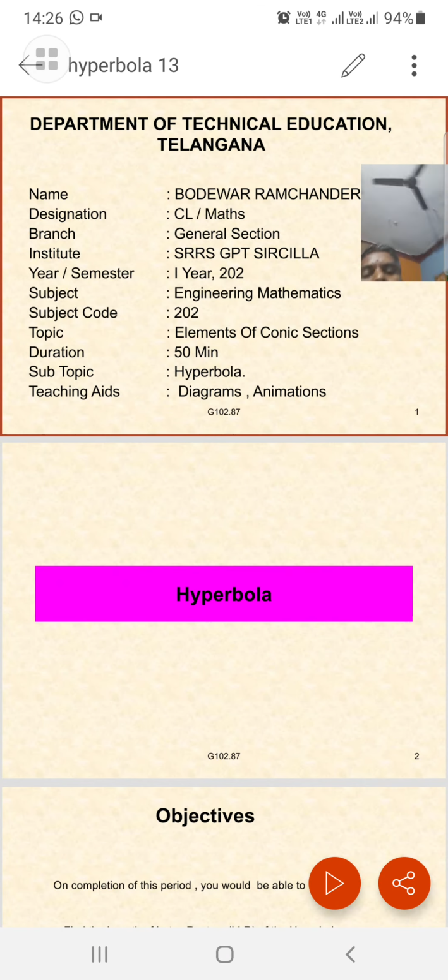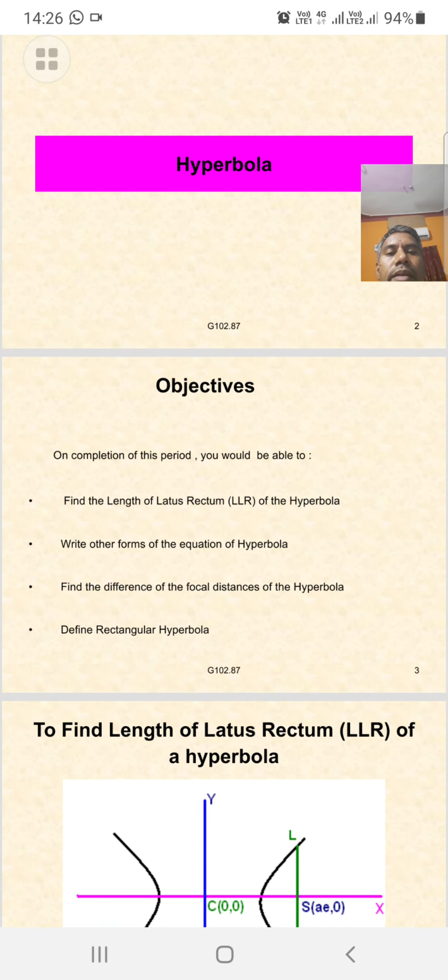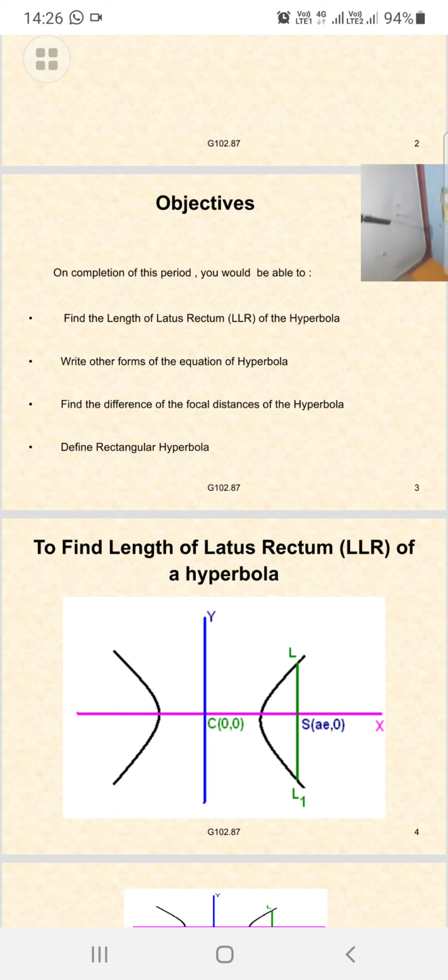So these are the hyperbola's elements: the length of the latus rectum, and if eccentricity is root 2, then we call it a rectangular hyperbola. In a rectangle, opposite sides are equal.